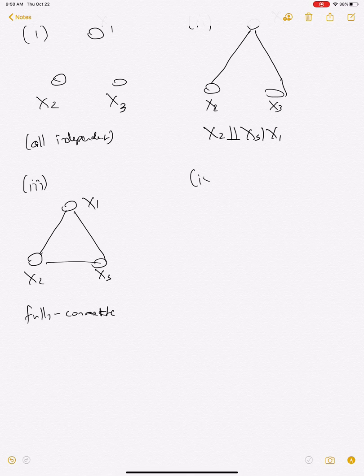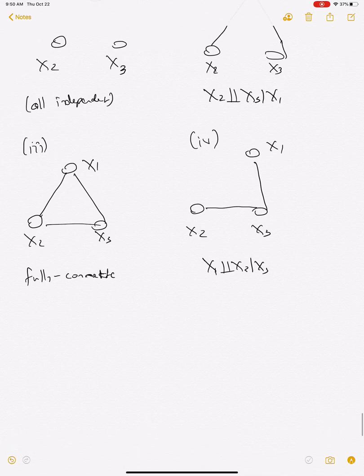And then I'll just do one more. You could certainly have a scenario like what we saw earlier, where x1 is independent of x2 given x3.